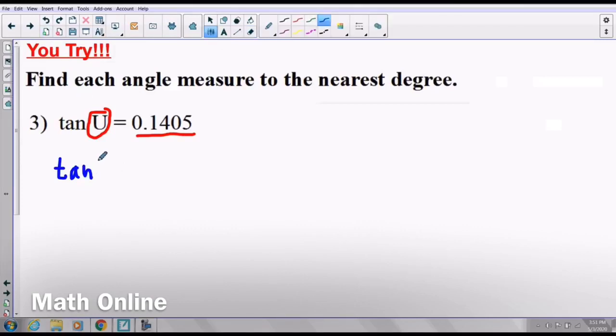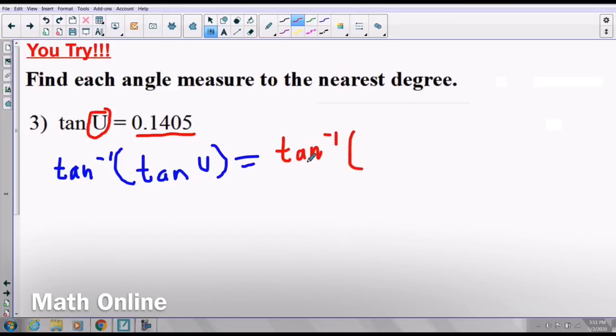So tangent inverse of tangent of U, in parentheses, is equal to inverse tangent of what ratio? Here it is, 0.1405.